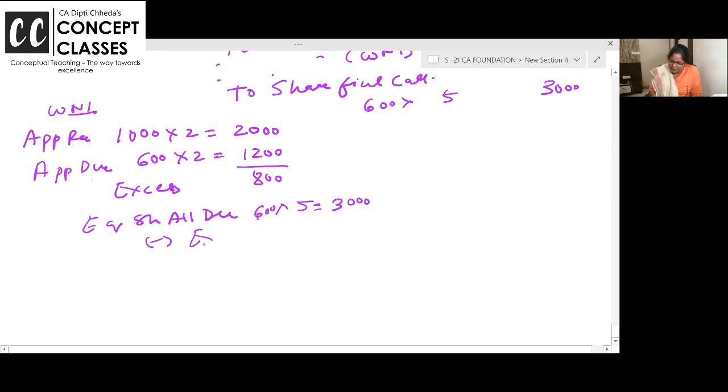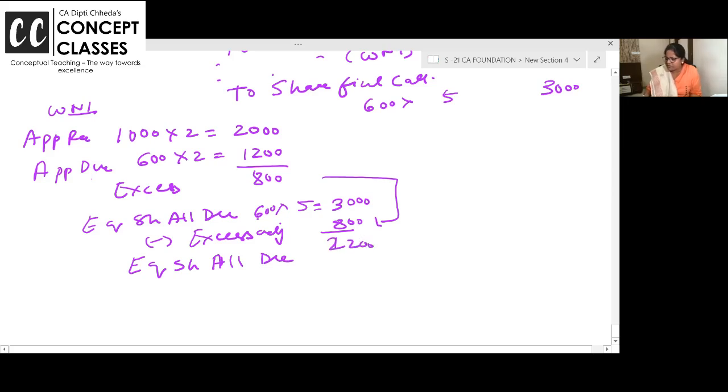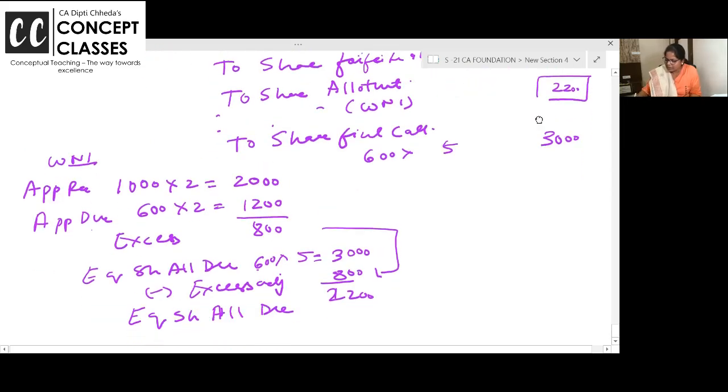In that, excess is 800. And now, equity share allotment due 2200. This is your tally, but you write it. I'll explain again. Write it quickly.